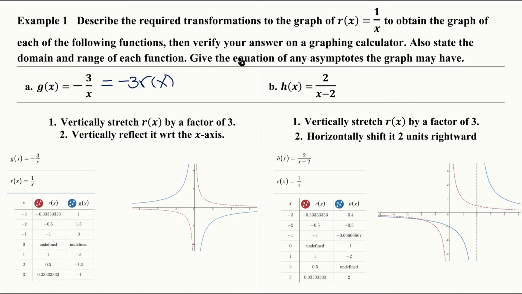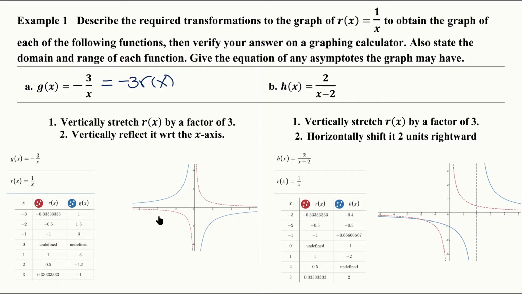So you can see basically we're going to have a vertical stretch because the multiplication of 3 is at the y level or the r of x level, and there's going to be a reflection with respect to the x-axis because of the negative sign here. So we're going to vertically stretch r of x by a factor of 3, and we're going to vertically reflect it with respect to the x-axis to obtain the blue graph here.